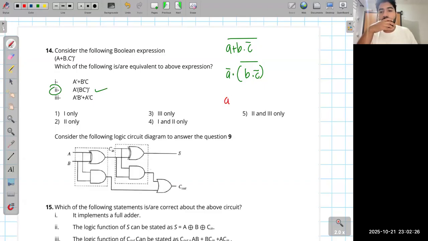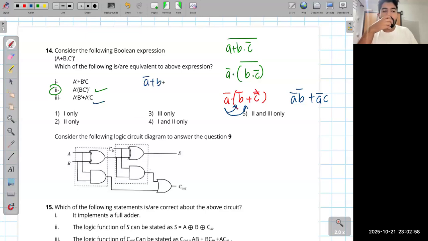Now divide it. A bar dot B bar plus C double bar. So now I can multiply this also. A bar B bar plus A bar C. A bar B bar plus A bar C. This is also correct.